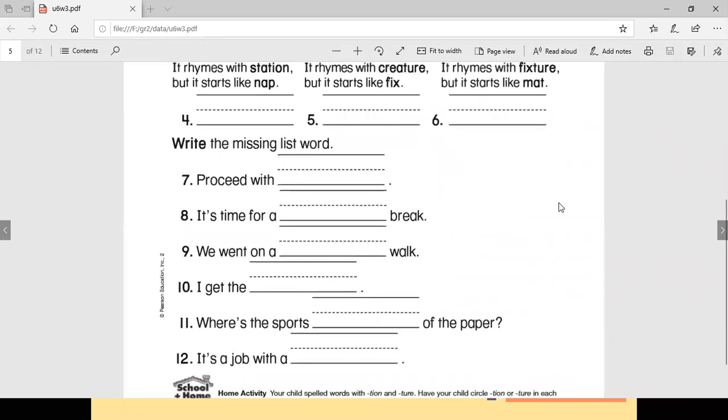Write the missing word, the missing list word. Proceed with caution. Caution.